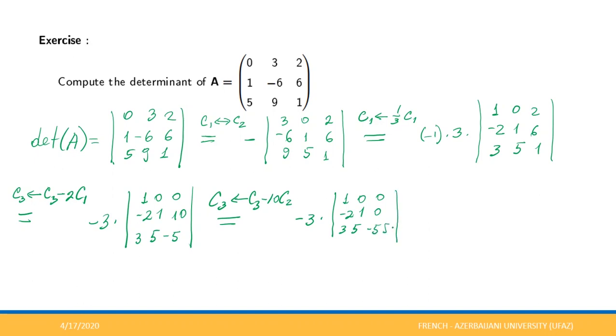You see, this matrix is a triangular matrix. Because of this, it will be minus 3 times the product of diagonal terms: 1, 1, minus 55. This is equal to 165. That's all.